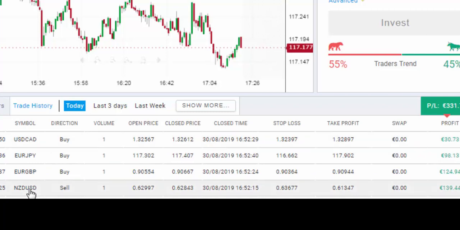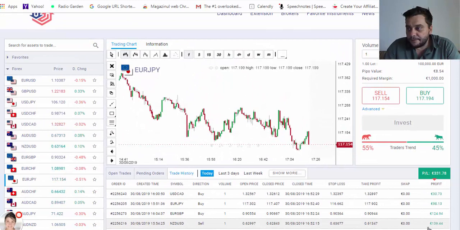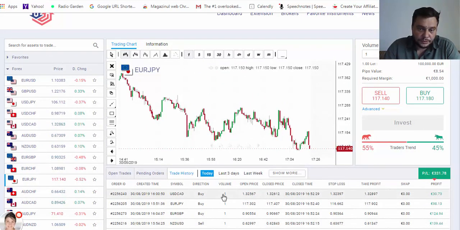And the fourth one, New Zealand dollar, US dollar, was a sell, an open price of 0.62997, and the close price of 0.62843, and a profit of 139.44.